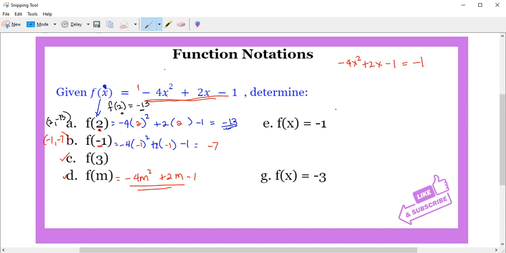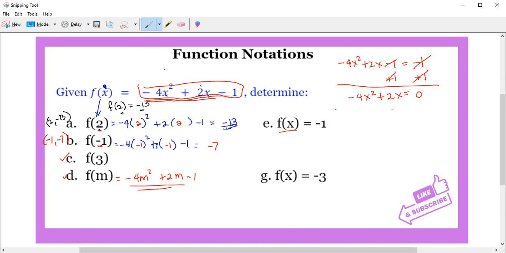All of this is your f of x, and this is f of x too, so these two must be equal. Now this is a quadratic function, the highest exponent is 2, so you need to set it to 0. I'm going to add 1 on both sides so the right side becomes 0. Now you will have negative 4x squared plus 2x equals 0.